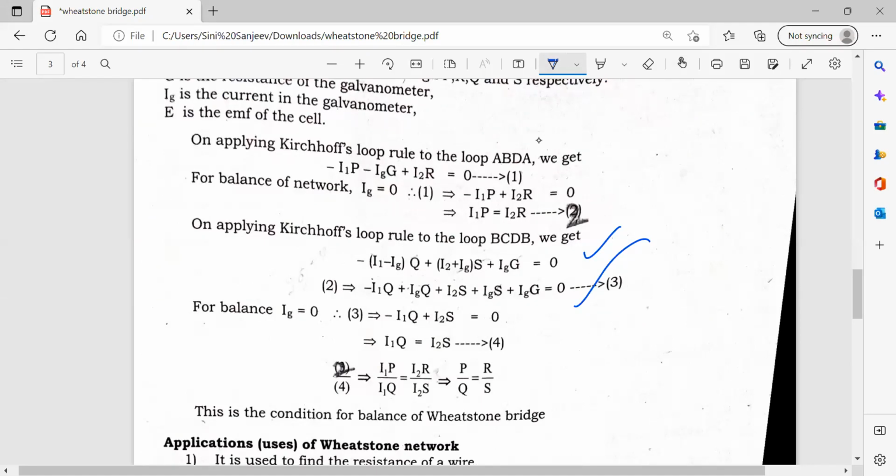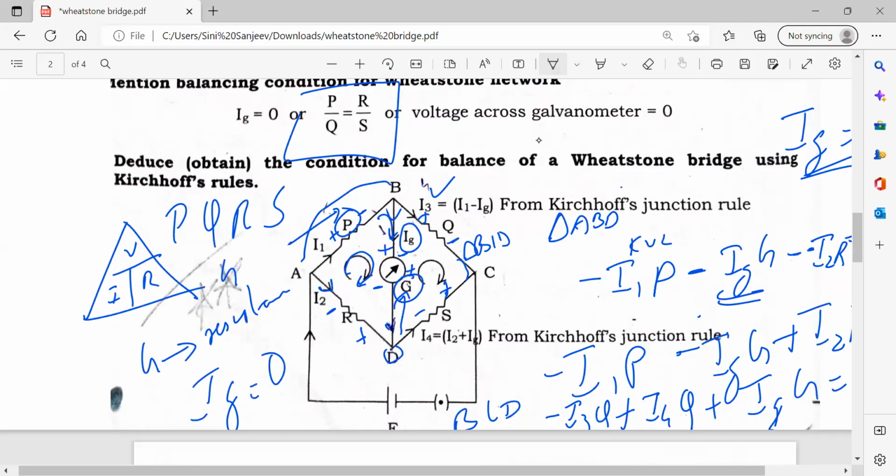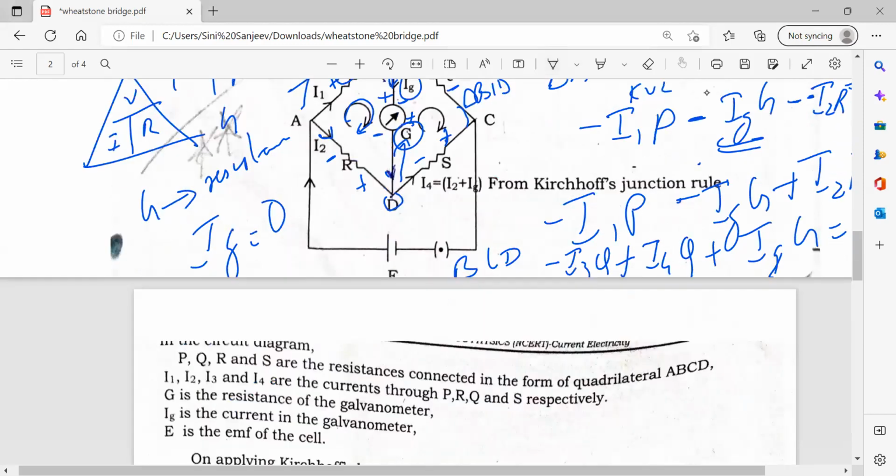Instead of I4 and all, they are given some other value. What is my I3? I3 is I1 minus IG. I4 is I2 plus IG. All of these are substituted in the equation below.